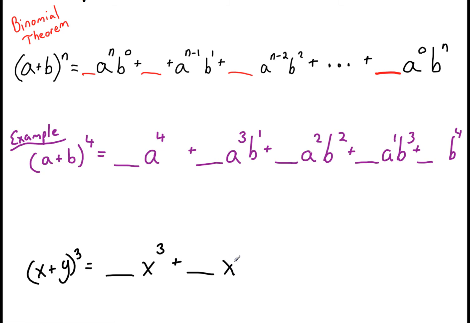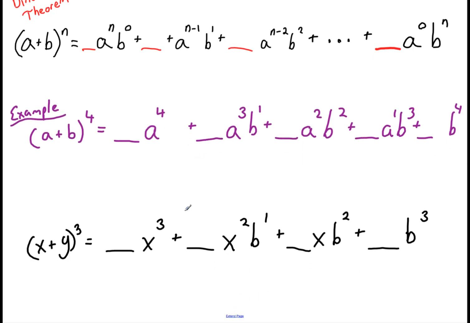Now I have x squared, y to the 1st. And I have a blank. This is x to the 1st power. x is counting down, y is counting up. And the last one, I have x to the 0, so I'm not going to write it, and y cubed.